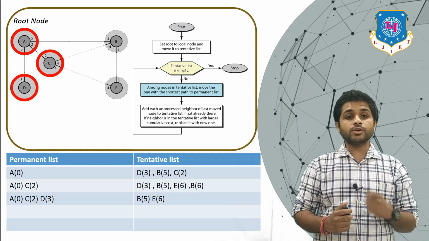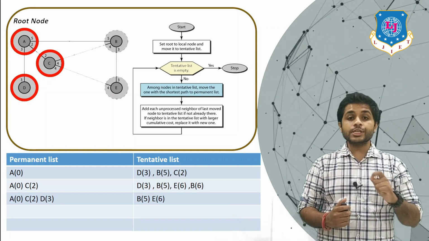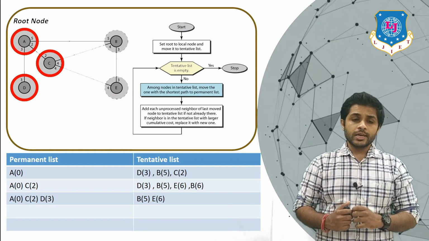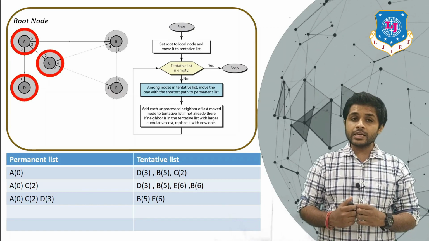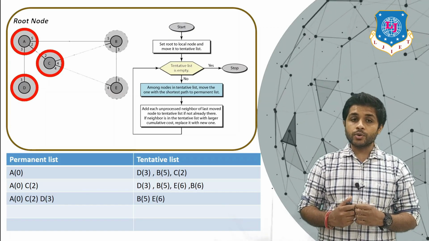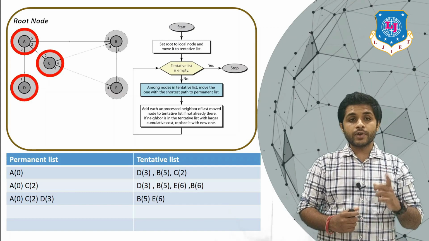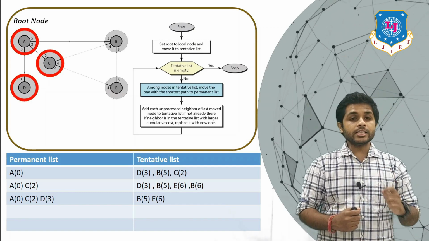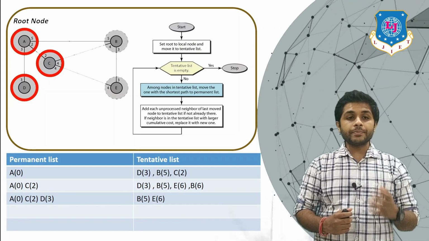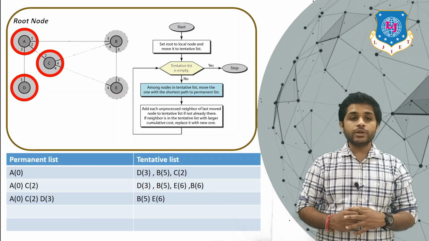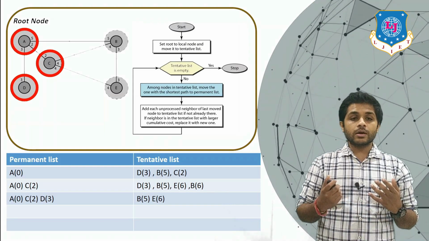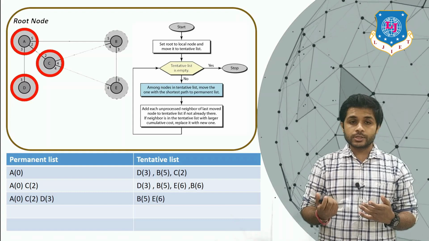But which adjacent nodes will be added? Unprocessed adjacent nodes. Now is D having any unprocessed adjacent nodes? No. D is having only one node, which is A, and A is processed. A is already present in the permanent list, so we will not move A again to the tentative list.